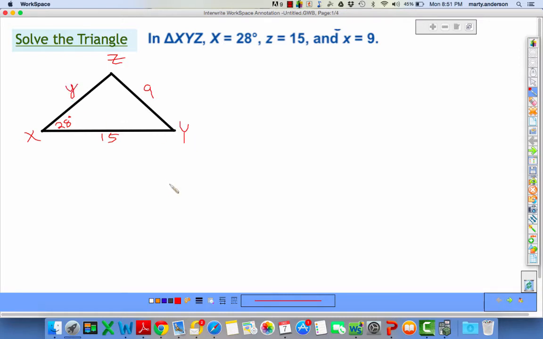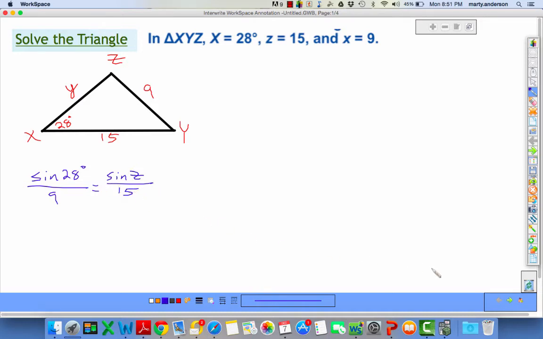So if we're talking about solving the triangle, we are looking for the other parts that go along with it. So I'll be looking for angle Z, angle Y, and side y. So the first thing I'm going to do, based on yesterday, is I'm going to do the sine of 28 over 9 equals the sine of Z over 15.